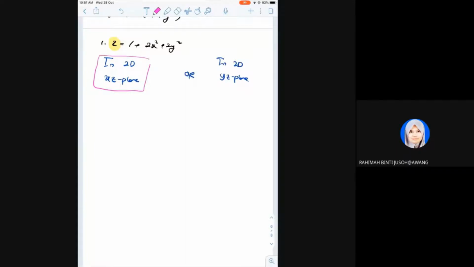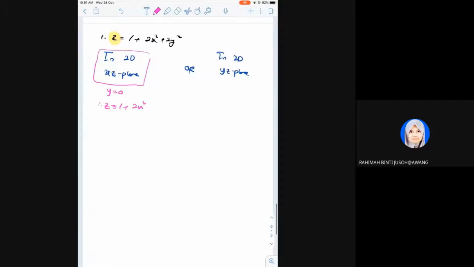Okay, so now let us solve this question. The XZ plane. So the XZ plane means y equals 0. Therefore, z equals 1 plus 2x squared. Alright, so in 2D, 1 plus 2x squared is like this. So x, z, 1 plus 2x squared. So it is up like this, right?